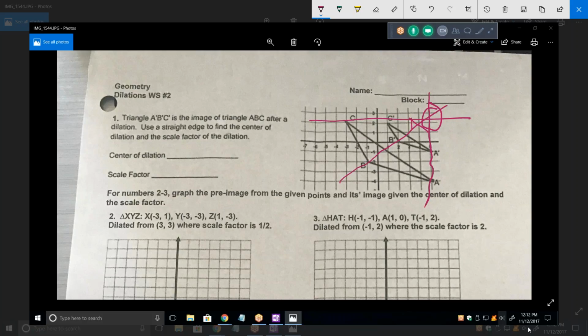In other words, if I were to draw another triangle, it would be smaller still, the closer I got to that center of dilation. And if I were to draw a triangle out here, it would be bigger.